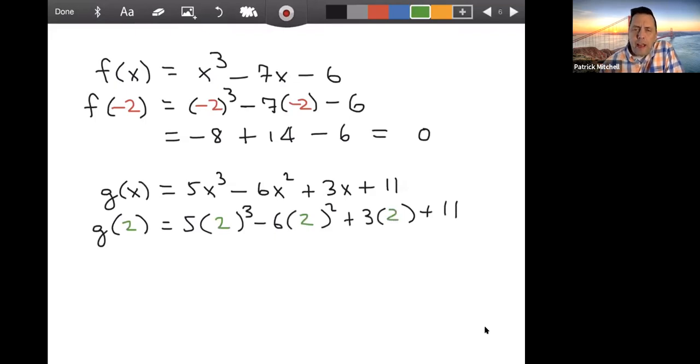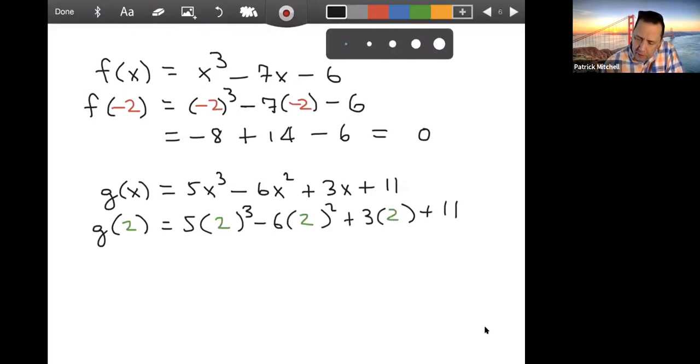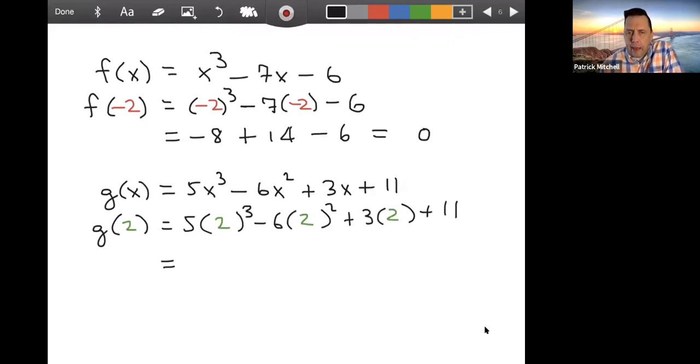Now pay attention to how much stupid arithmetic I have to do in order to get this answer, right? 2 cubed is 8, 5 times 8 is 40. 2 squared is 4, 6 times 4 is 24. Plus 3 times 2 is 6, plus 11. 40 minus 24 is 16. 16 plus 6 is 22. 22 plus 11 is 33.